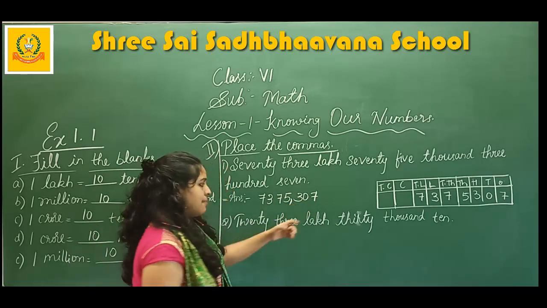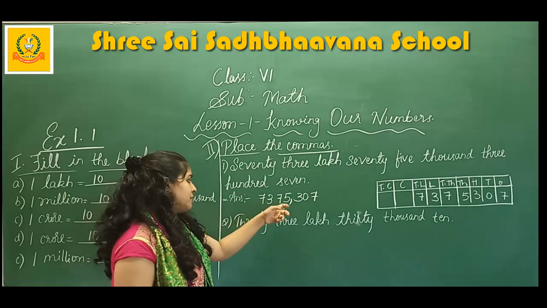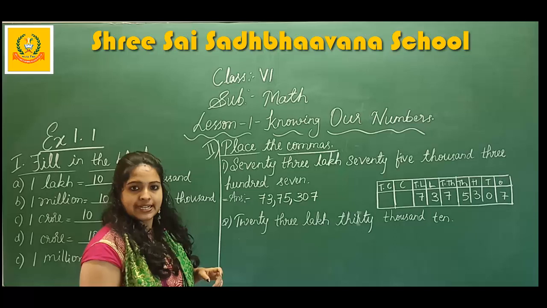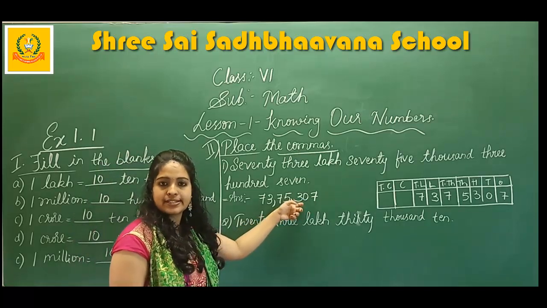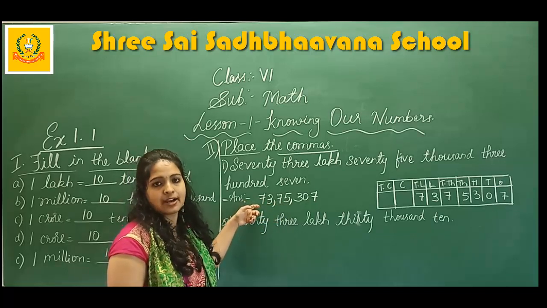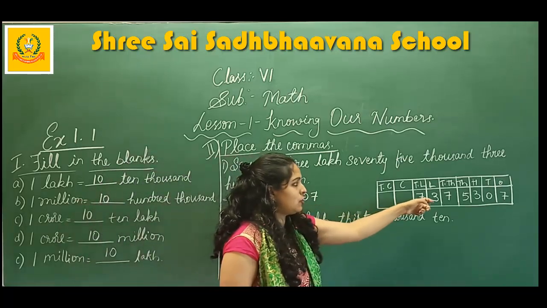The first comma comes after 3 digits, and then the next comma comes after 2 digits: 1, 2. Understood how to place the comma? The first comma comes after 3 digits, then after 2 digits, after 2 digits. This is according to the Indian system. Now you got the answer in numerals?